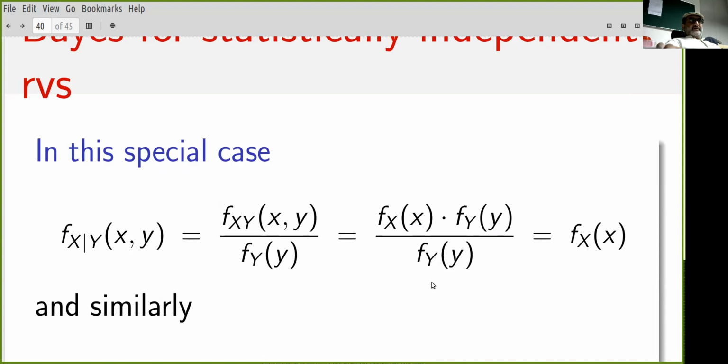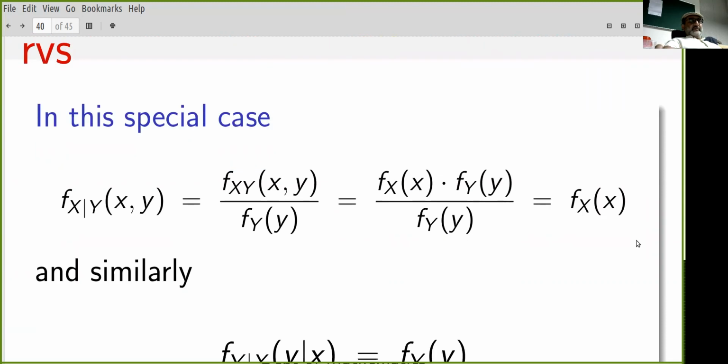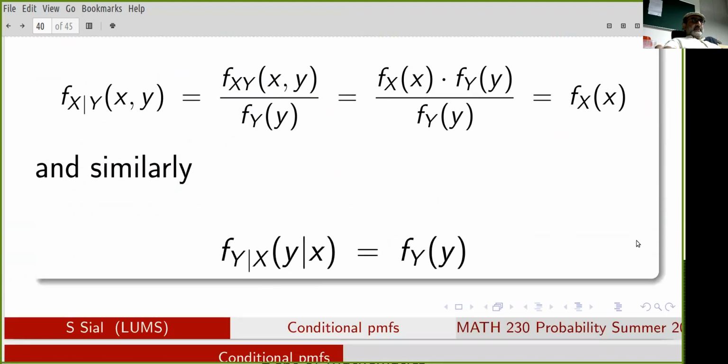And then the marginals for y cancel, and you are left with f sub x of x. So the conditional for x given y, if x and y are statistically independent, is the same as the marginal PMF for x. Similarly, if x and y are independent, then the conditional for y given x is just the marginal for y.